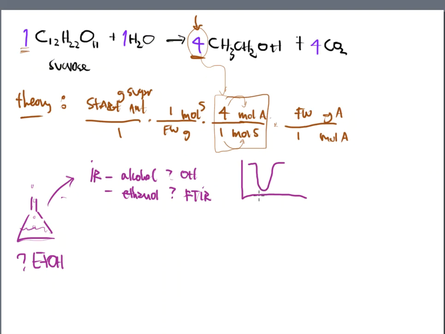This happens around 3,000 to 3,500. If you see that big wide dip in the beginning of the infrared, then that's a very good sign that you have an alcohol on your hands. So that is proving that, yes, we do have alcohol.